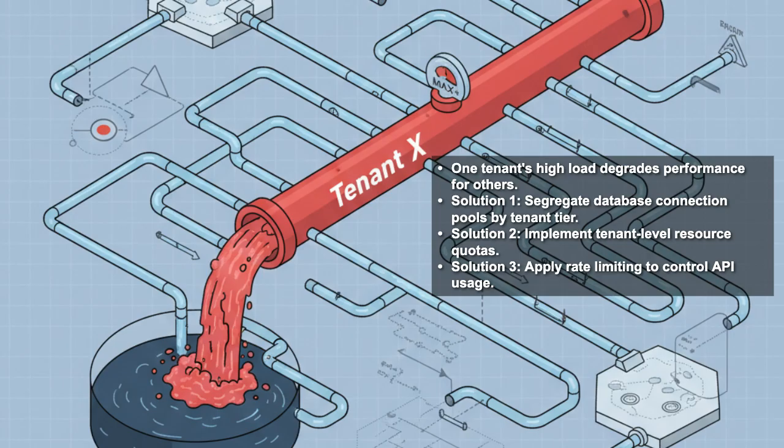While this seems straightforward, it introduces a dangerous single point of failure. A single missing WHERE clause, one forgotten filter in a complex join or a background job, can expose one customer's data to another. This is precisely the type of failure that led to the Salesforce incident. It maximizes resource utilization, but also carries the highest intrinsic risk of cross-tenant data exposure.